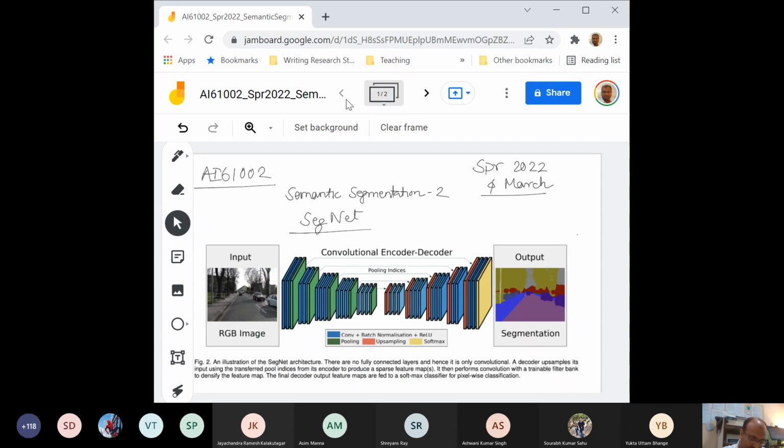In case of UNet, you were passing the activations over here in order to concatenate them. And in order to increase the spatial span, you were doing some sort of learnable deconvolution. So you are squeezing down the channels, but increasing the spatial extent. That is what it was doing.